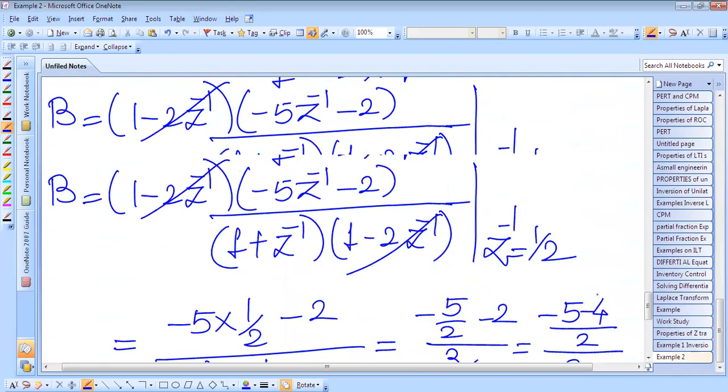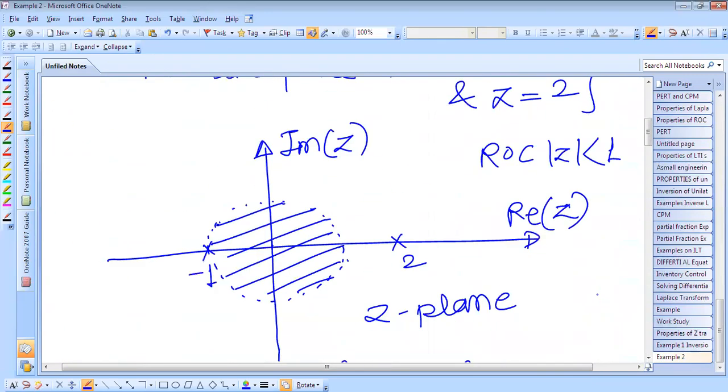What are the poles here? The poles are at z is equal to minus 1 and z is equal to 2.